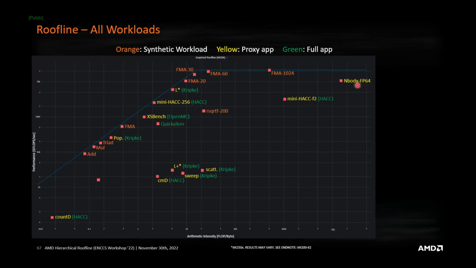And so you can see some of these are NBody and mini-hack, which is a proxy application similar to NBody. It's leveraging the NBody approach. They're fairly compute bound. Then you have these applications over here, which are memory bandwidth bound. These ones, I would say, they're as good as it gets on this hardware.